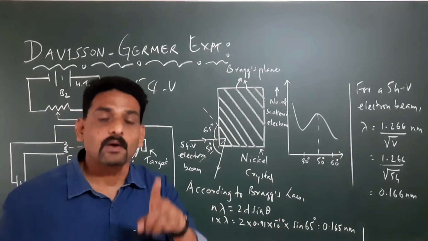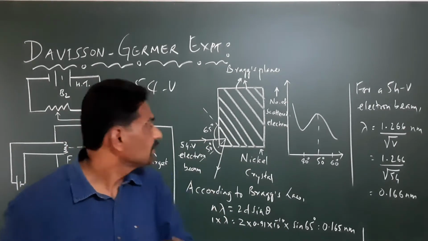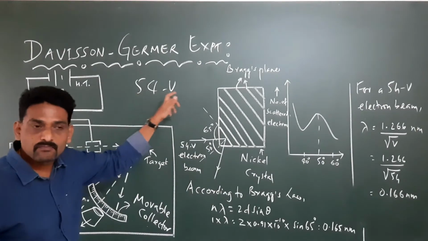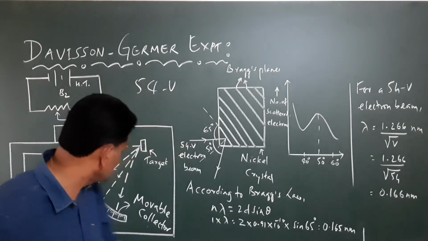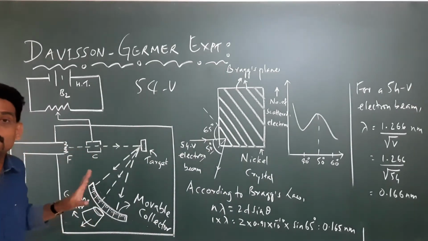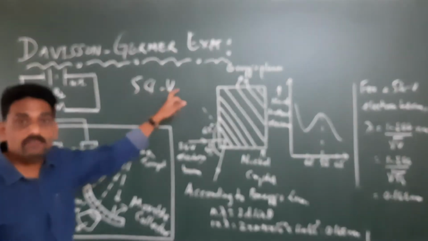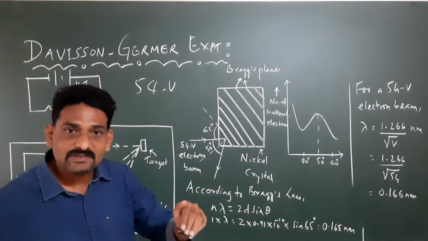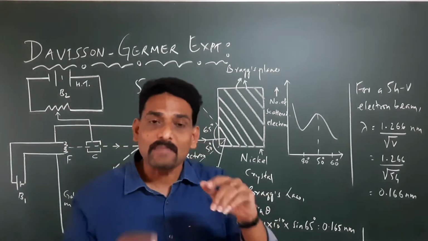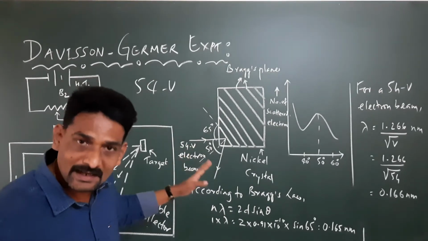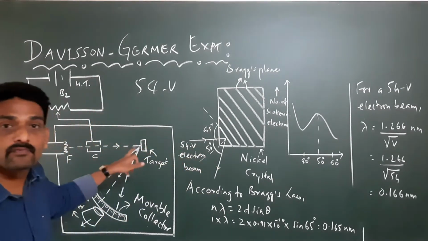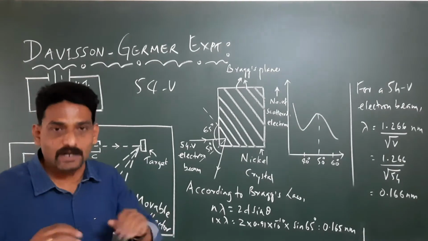But the important thing is that for the electron beam of 54 volt, a maximum deflection in the galvanometer was observed. Now the question is, why do they observe a maximum deflection for an incoming electron beam of 54 volt? That we have to understand.